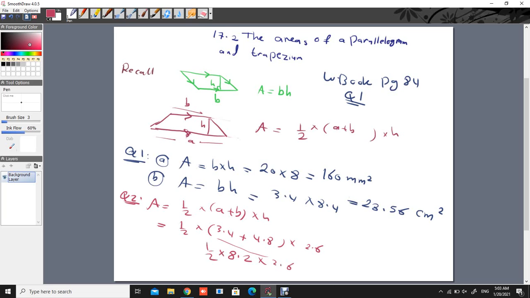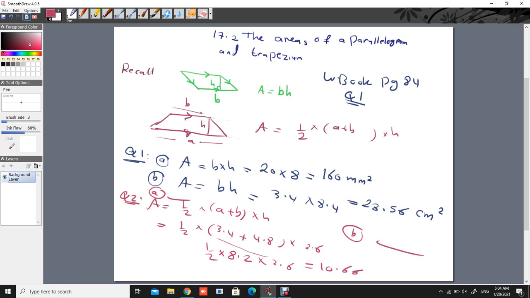So multiplying decimals, which equals 10.66. Now B, the same thing for B. This is question 2A. Now B, same idea.